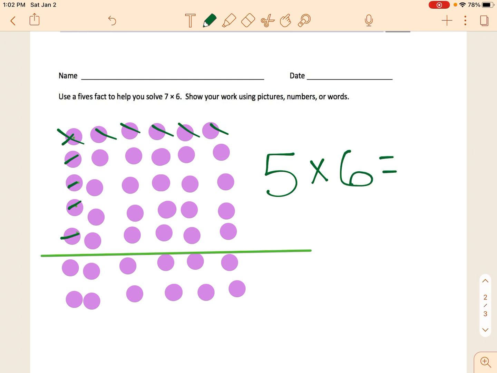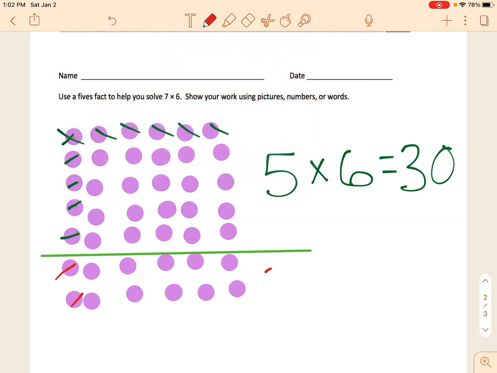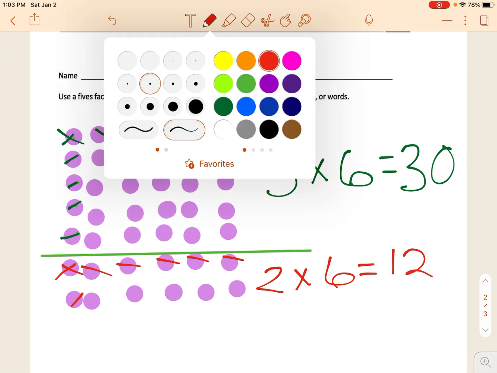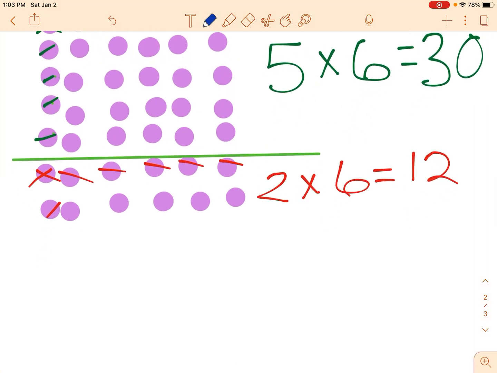Going across, I know 5 times 6 is, good job, 30: 5, 10, 15, 20, 25, 30. And now I have 2 times 6, which equals 12. So I have broken those up into 2 smaller problems, right? And now I'm just going to write those with parentheses.